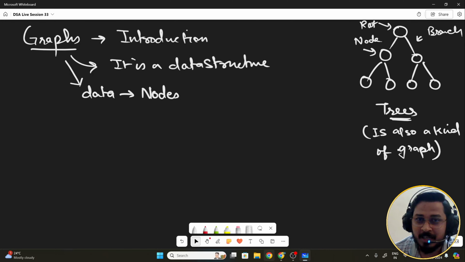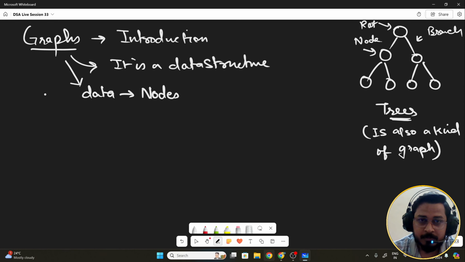Trees, in fact, are also a type of graph itself. But here we are finally into our concept of graphs, and here we are going to talk about it in too much depth. So let's start with this, specifically related to the types of graphs which are asked in placements and interviews. Okay, guys. So let us talk about that.